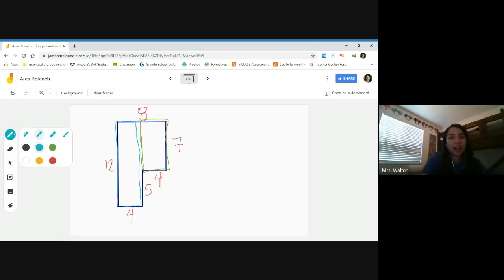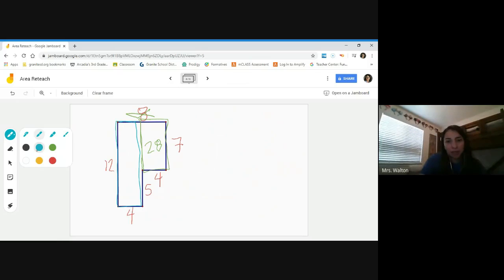So let's look at my green rectangle. I see three numbers, 4, 7, and 8. I look at 8, and that's touching this whole side here. The fact that it has two colors, you already know it's not going to work. So 8's not going to work for anyone. So 7 and 4. 7 times 4 is 28, so that's the area of my green rectangle.